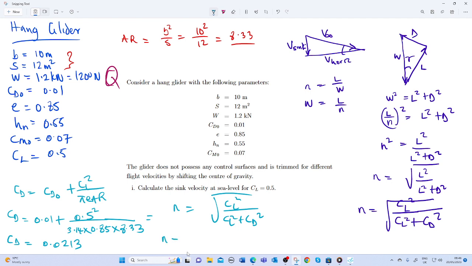That gives us our load factor to be 0.5 over the root of 0.5 squared plus 0.0213 squared. That gives us 0.999, which is approximately 1. So therefore, our load factor equals 1.